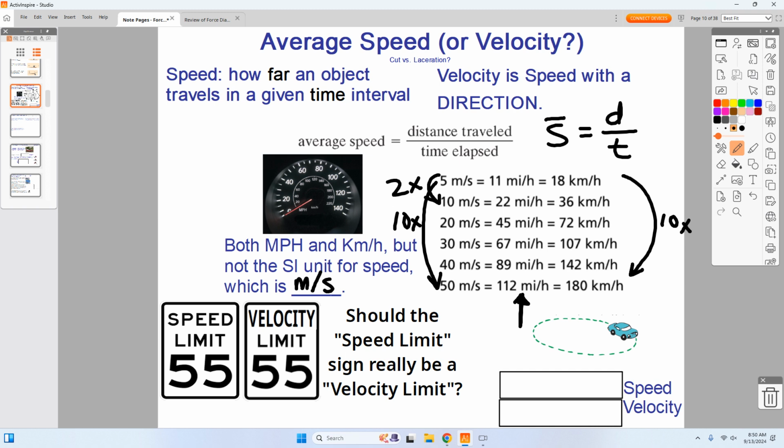Generally not a good idea, right, to be driving the wrong way on the interstate. I was not violating the speed limit. My speed was fine. But I was violating the velocity limit, meaning velocity includes the direction, and we want to make sure that we're going the right way. So I would say it should really be a velocity limit. Thankfully, I was able to get off and not have any accidents, but it really is a velocity limit that we're concerned about.